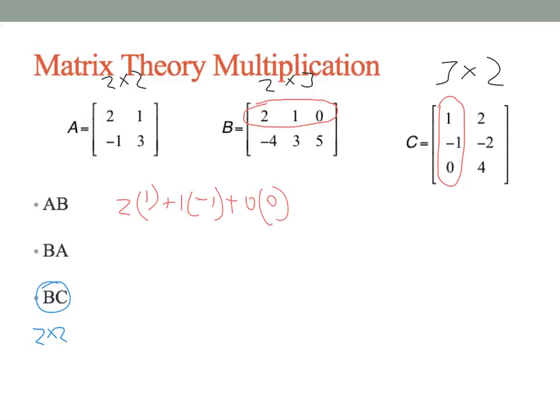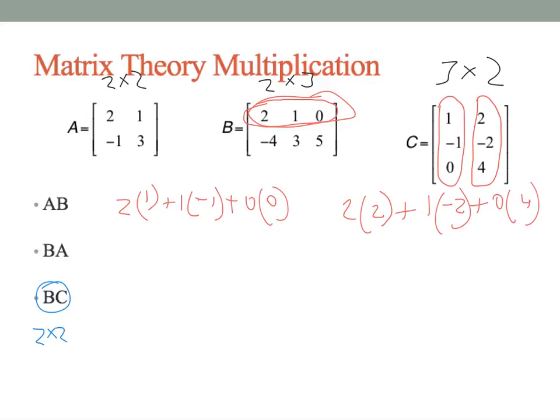Okay? So elements in the row in B times the elements in the columns of C, all added together and following the order. Next, we're going to use the same row in B, and we're going to match that with the second column in C. So this time it's going to be 2 times 2 plus 1 times -2 plus 0 times 4. Okay, that's going to get us the top stuff.